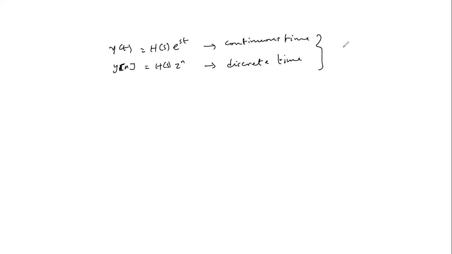And here, h of s, and this is h of z, sorry, this is h of z. h of s and h of z are the system response for the continuous time and discrete time respectively.